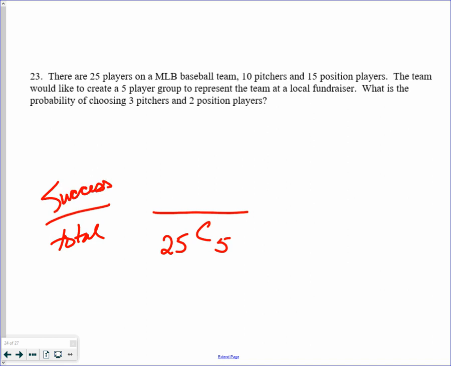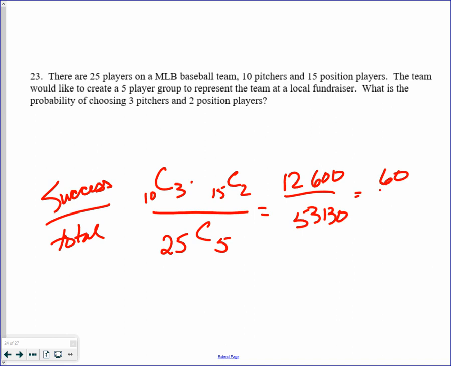So now I want to get 3 of the 10 pitchers, and I also want to get 2 of the 15 position players. So that's 12,600 over 53,130, and I reduced the fraction.